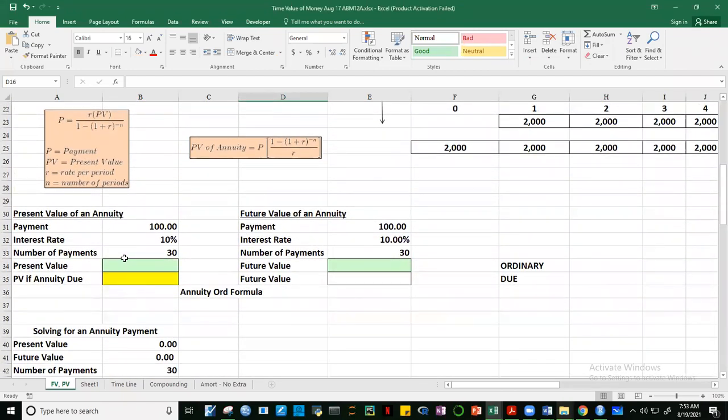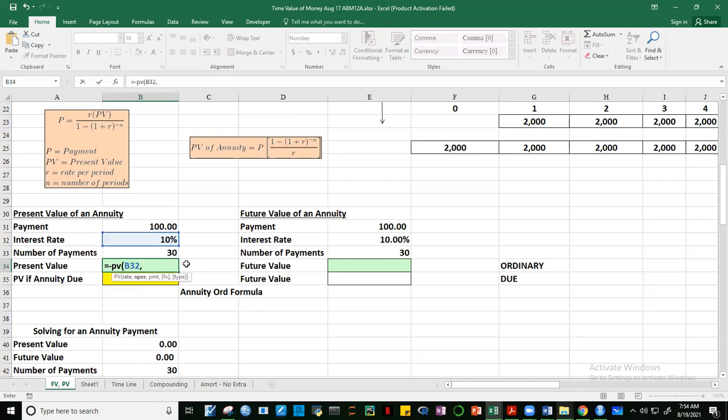I think we were not able to do this, no? Ito, ginawa lang natin din 100 yung payment, yung annuity natin. So 100 and then 10%, yung interest rate, 30. So the quick formula, guys, is again negative PV. Bakit tayo naglalagay ng negative PV? Kasi the annuity is 100, so we expect a negative answer. So tinatanggalin natin negative.